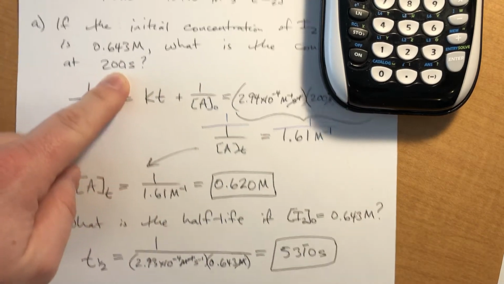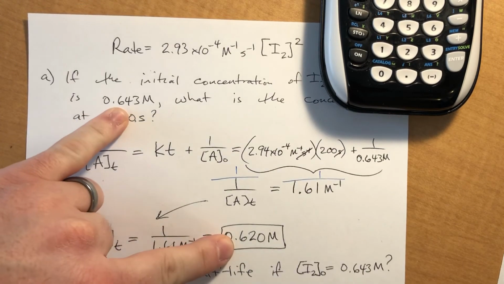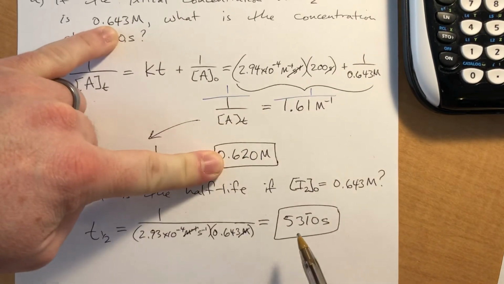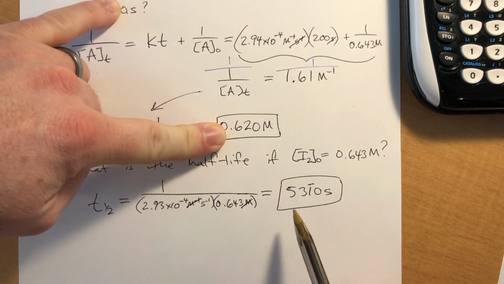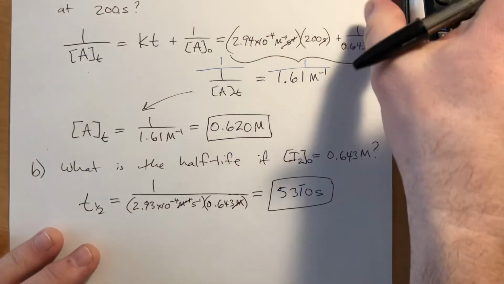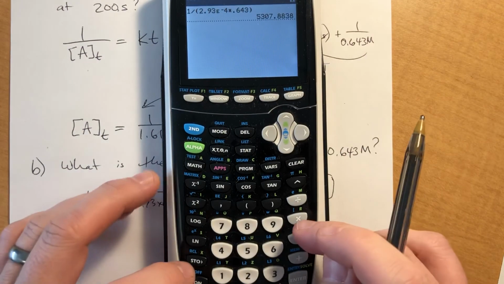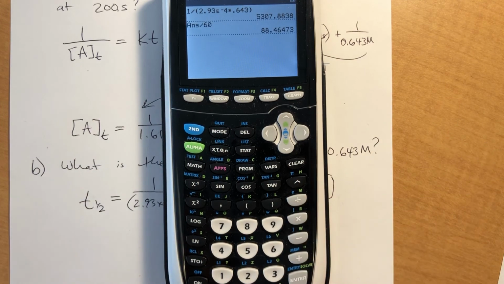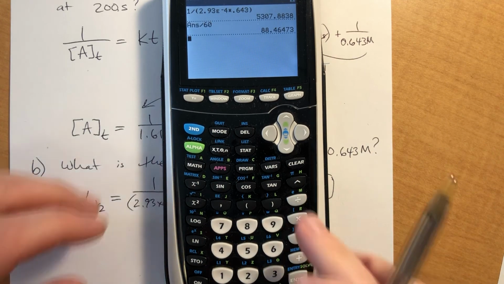So we said that 200 seconds caused a very small change in our concentration. It makes sense that if we're going to get to half of that, it's going to take a lot more than 200 seconds. So I'm fine with you leaving it in seconds, but I'm now morbidly curious how many minutes that is. 88 minutes, so almost an hour and a half.